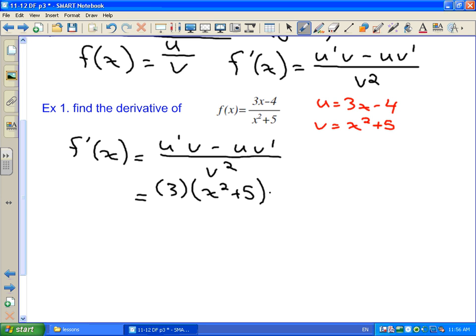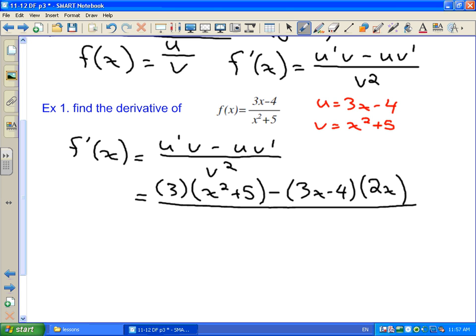And then we're going to subtract our u, 3x minus 4, multiplied by the derivative of our v function. v is x squared plus 5, and the derivative of that is going to be 2x. And then down on the bottom, we're going to have x squared plus 5, our v function, all squared.